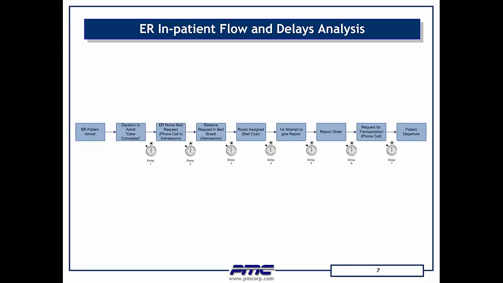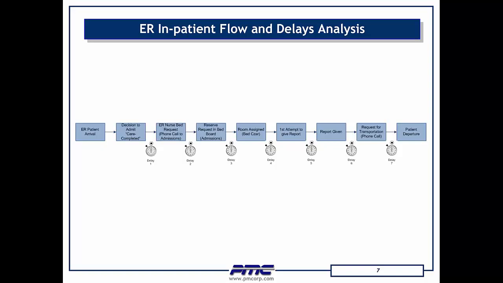As you see in this patient flow, we went through the process. First the ER patient arrival, then you have a decision to admit or no care completed. The physicians have to decide whether this patient has to be admitted for further observation, or whether this patient is okay for now and can go home.